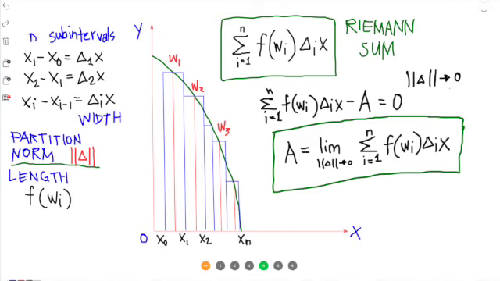So if we let our endpoints x0 equal a and xn equal b as before, and we have a sufficiently small norm across the interval, we can see that our function f is integrable in the interval a b.